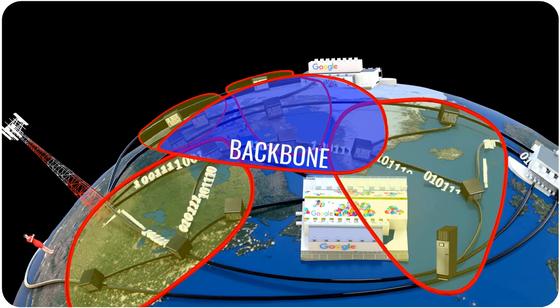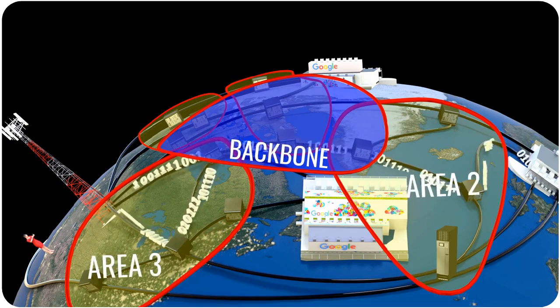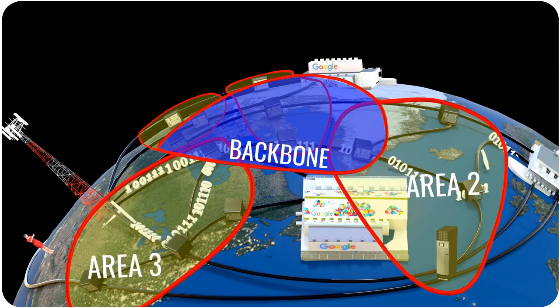If the data packets have to flow from Area 2 to Area 3, they have to pass through the backbone area, not directly. This type of structure reduces the complexity of the operation by reducing the size of the routing table and also helps in the scalability of the network.